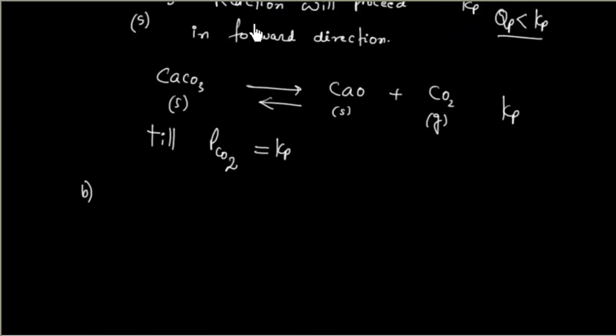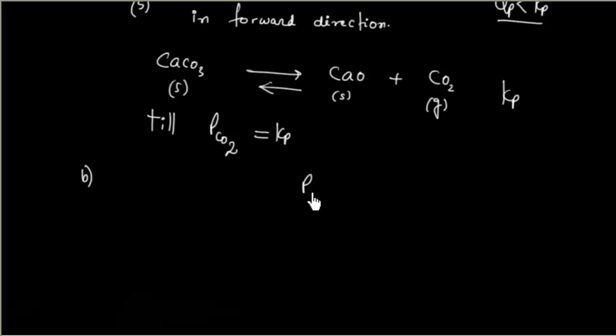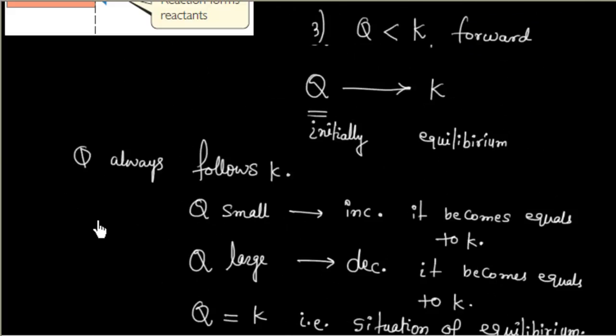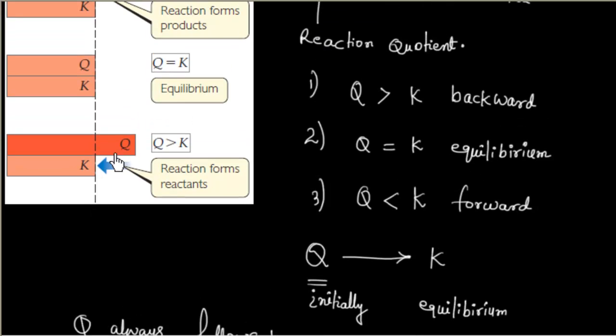This is given, that is, the partial pressure of CO2 is greater than Kp, and the partial pressure of CO2 is nothing but Qp. So Qp is greater than Kp. Now if you see here, Qp is greater than Kp, the reaction will go in the backward direction so that Q finally becomes equal to K.